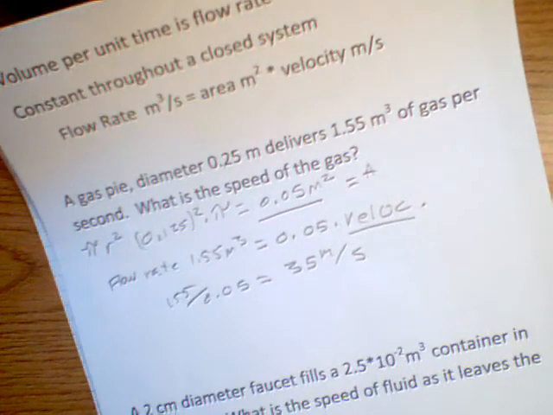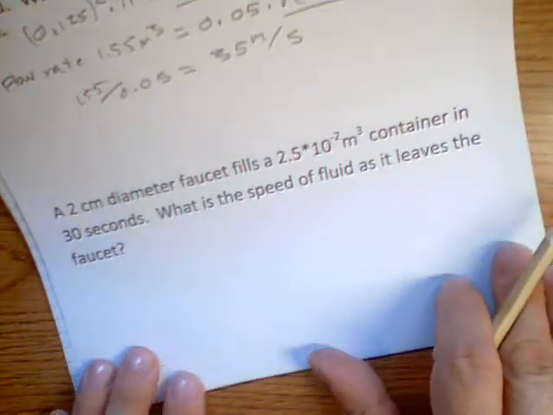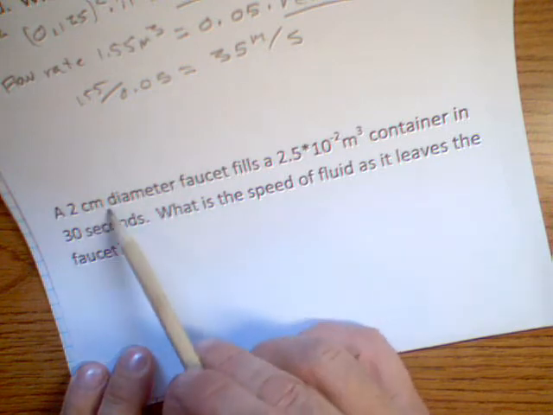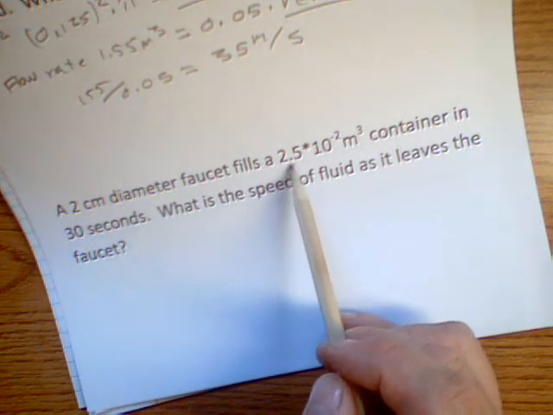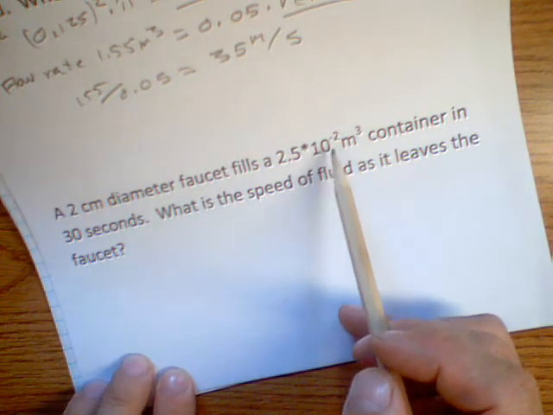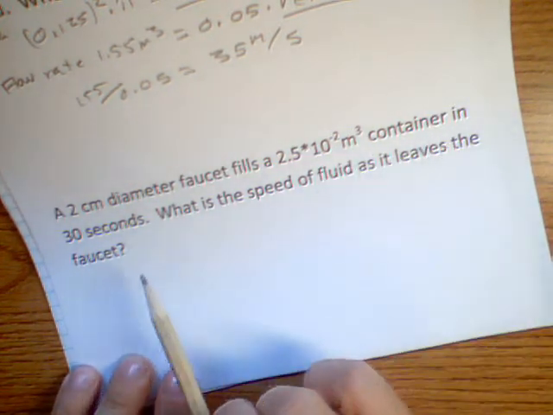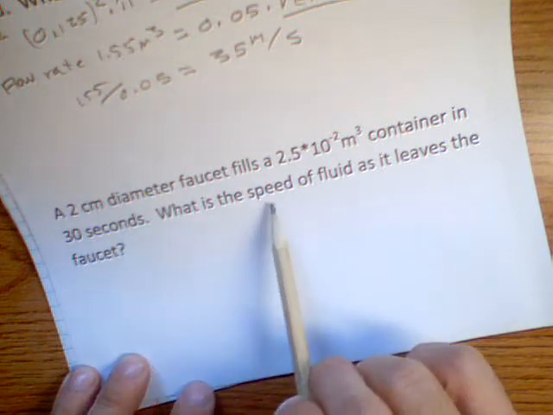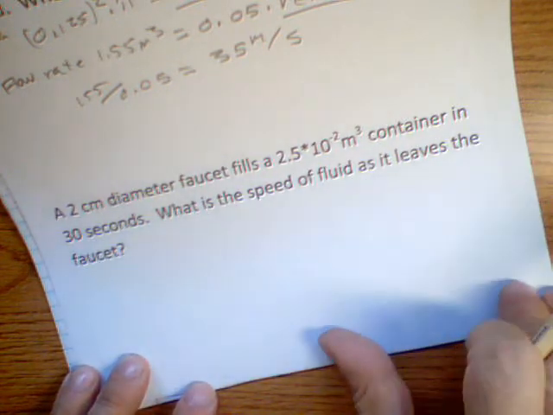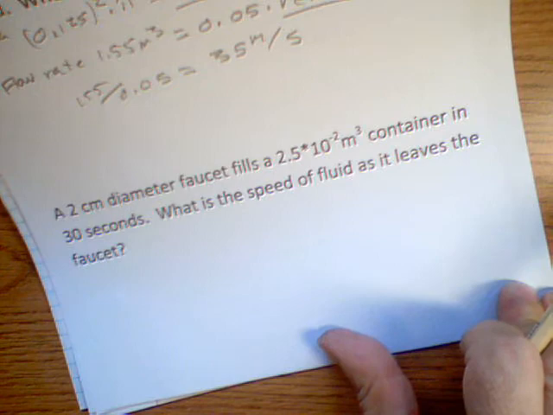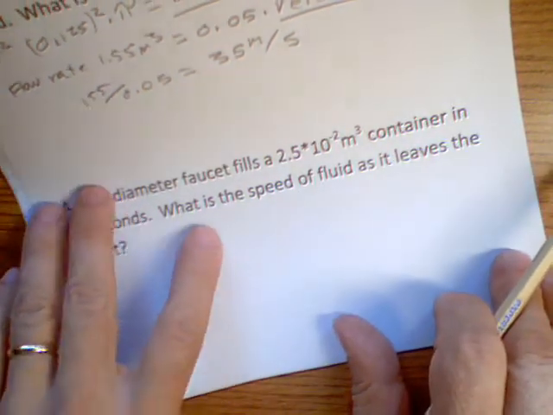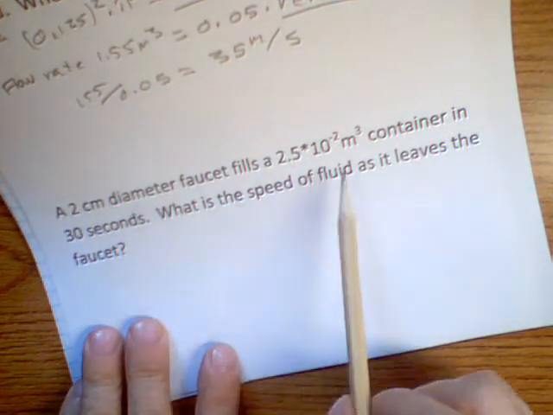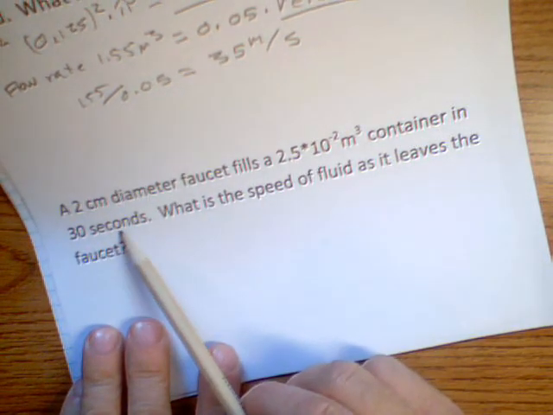Now, then let's try another one. A 2 centimeter diameter faucet fills a 2.5 times 10 to the negative 2 meter cubed container in 30 seconds. What is the speed of the fluid as it leaves the faucet? Well, as you can see, we still have this problem of diameter and not area, and we also have this for 30 seconds instead of 1 second.